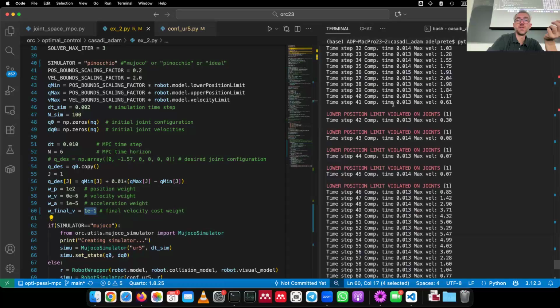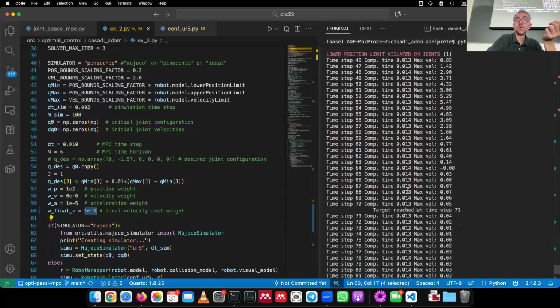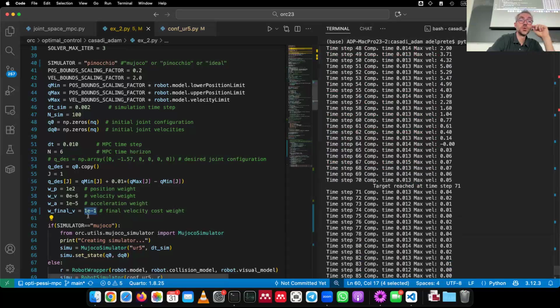We had constraint violations, and we actually ended up reaching the target later. Why did it make it faster? It should make it faster because if you penalize less the terminal velocities, then the solver is basically able to plan a trajectory that reaches higher velocities, and so it should reach the target faster.